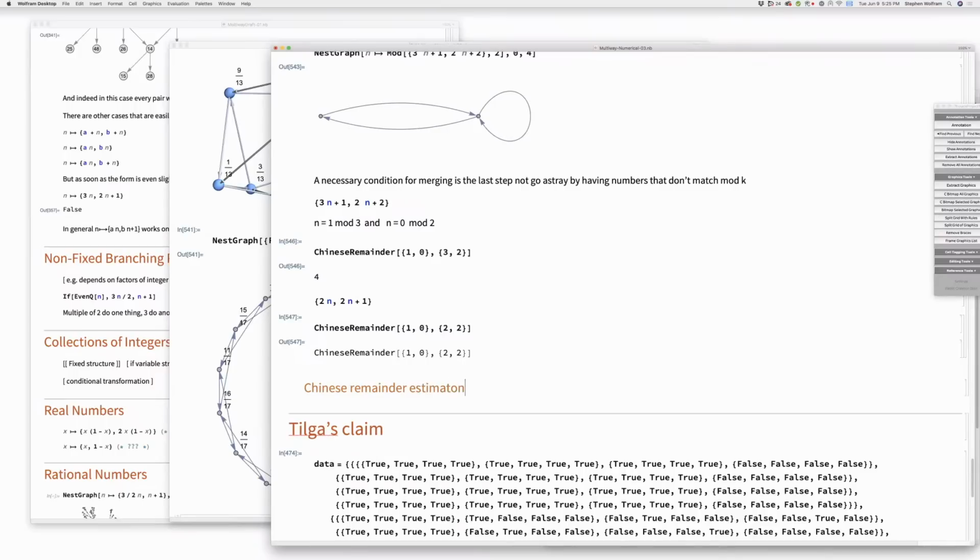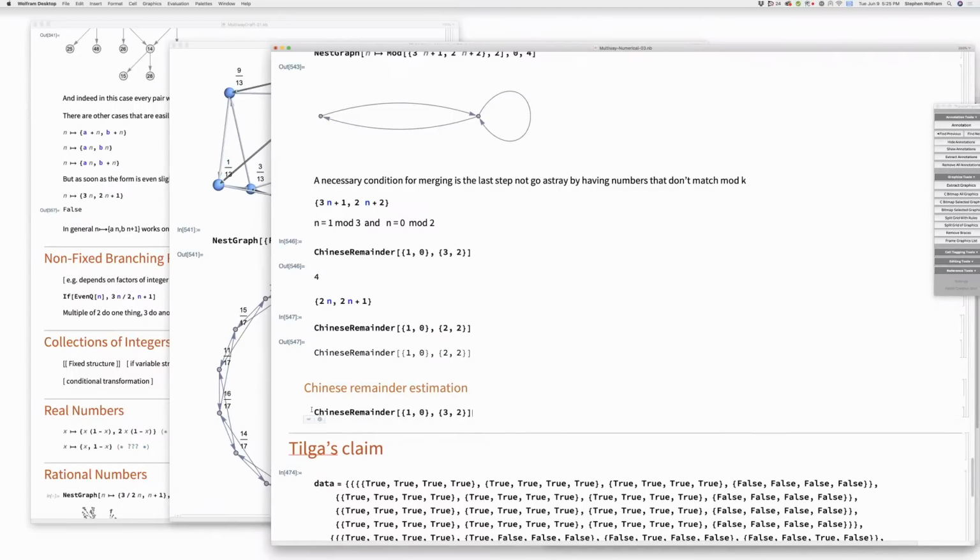Okay, so this is going to give us, for A, B, C, D, a table of the Chinese remainder, and the first one is the BD, and the second one is the AC, if I'm not mistaken.